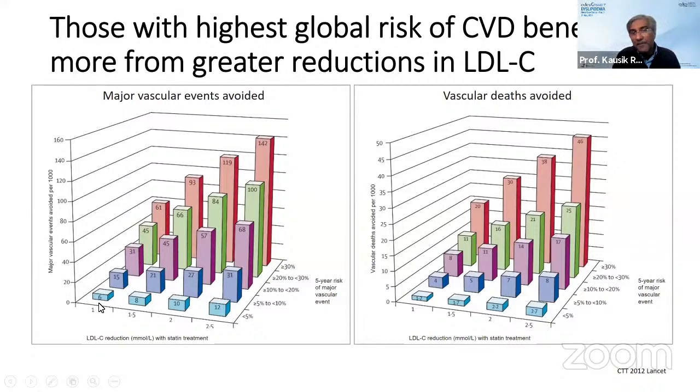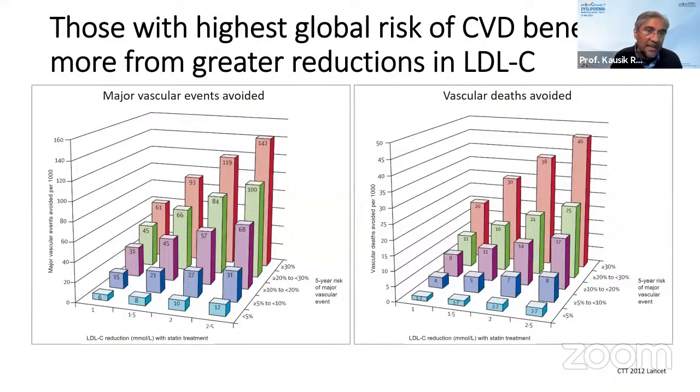Essentially, if I have an annualized risk of less than 1%, if I achieve a 1 millimole lowering, so about 38 mg per deciliter lowering in LDL, I will prevent 6 events. But if I achieve a bigger reduction, so 100 mg per deciliter or 2.5 millimoles, I'm going to prevent twice as many events, so 12 events.